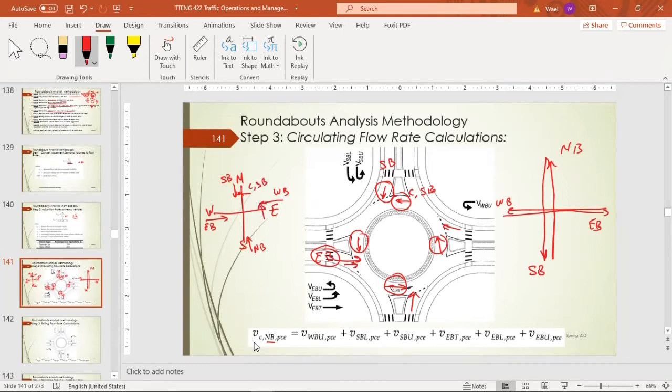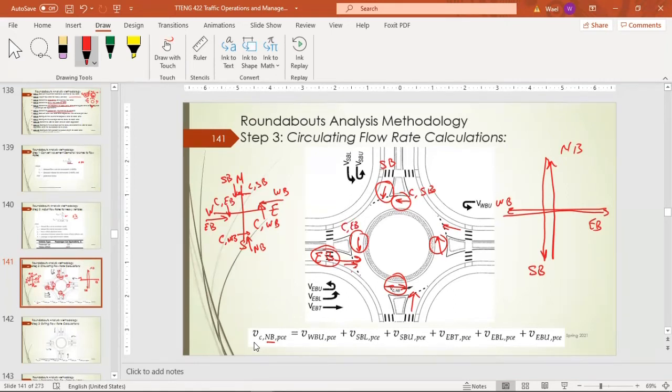Conflicting volume here will be C westbound. Conflicting volume here will be C northbound. And conflicting volume here will be C eastbound. Which are these? So this is the C eastbound.